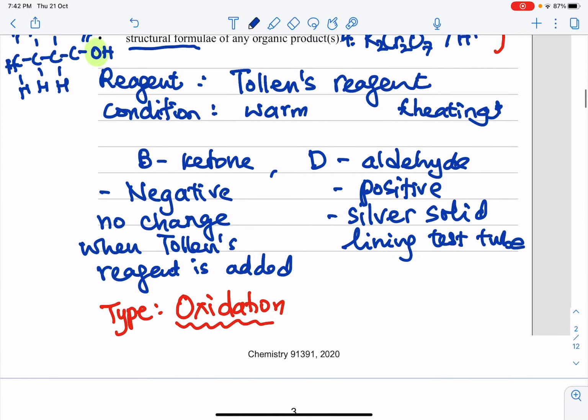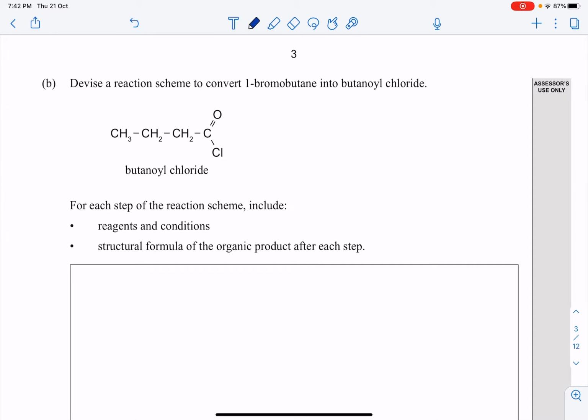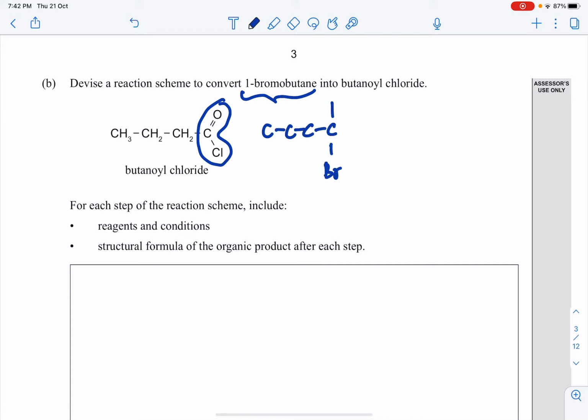Okay, now moving on to the next molecule, you have the conversion of 1-bromobutane to butanoyl chloride. So the starting material is 1-bromobutane. So our focus is right here. This is a functional group. And okay, we're going to start from bromobutane, 1-Br right here.